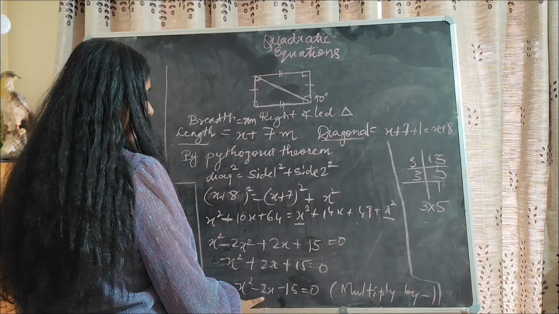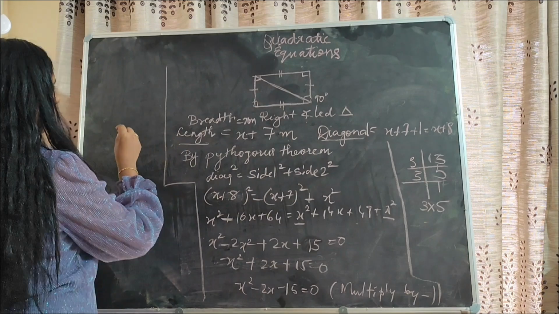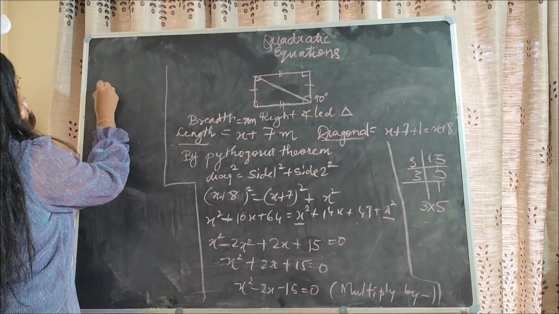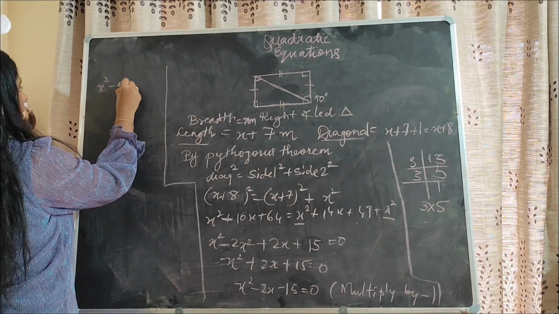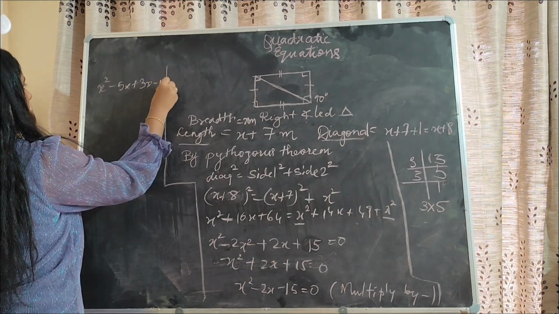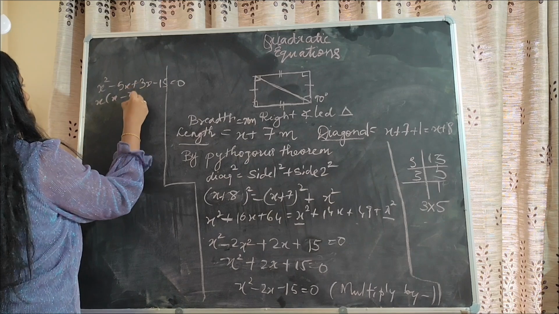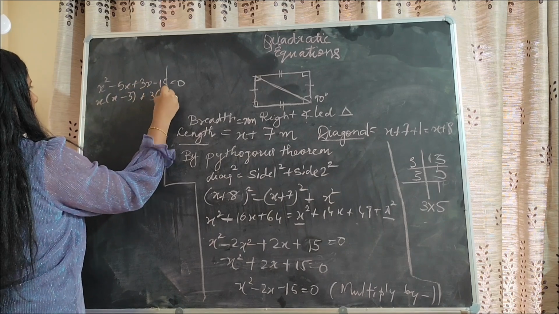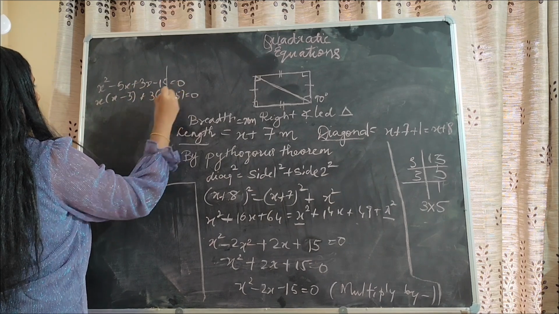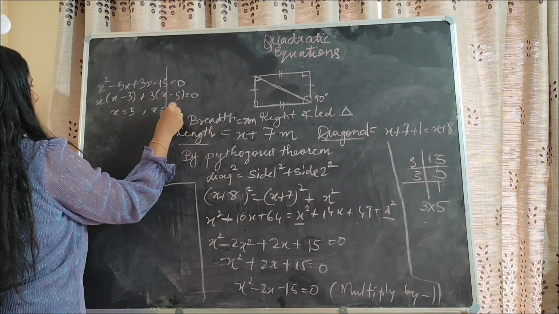So 5 minus 3 is 2, but sign of the greater number will come minus 5. So this will be x square minus 5x plus 3x minus 15 is equal to 0. X into x minus 5 plus 3 into x minus 5 is equal to 0. So x is equal to 5 or x is equal to minus 3.